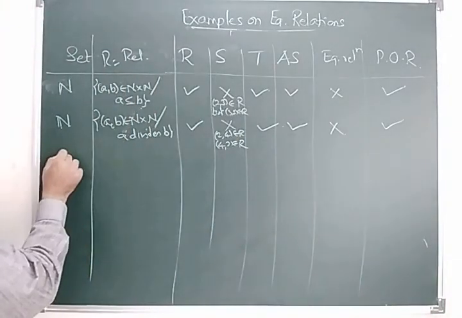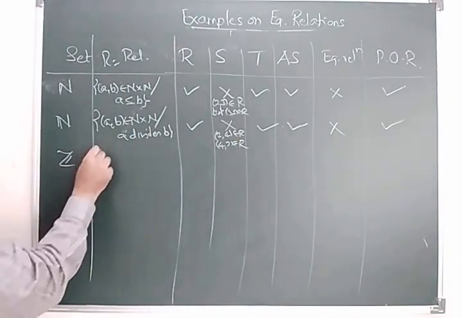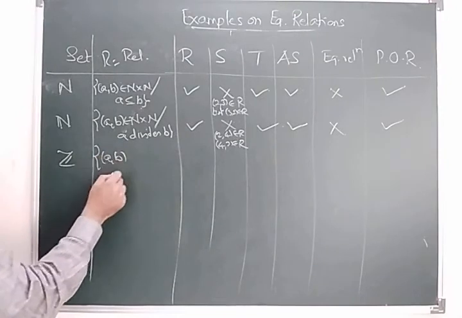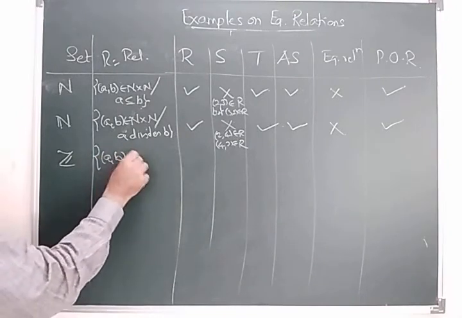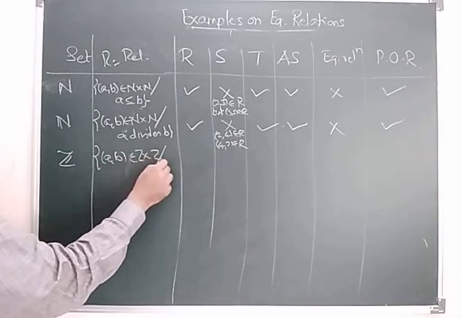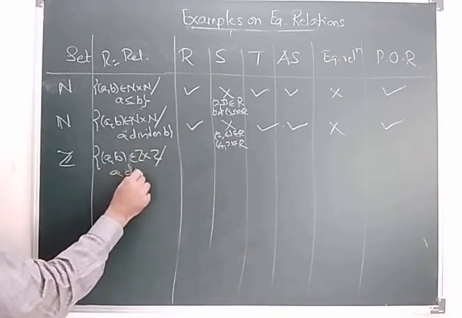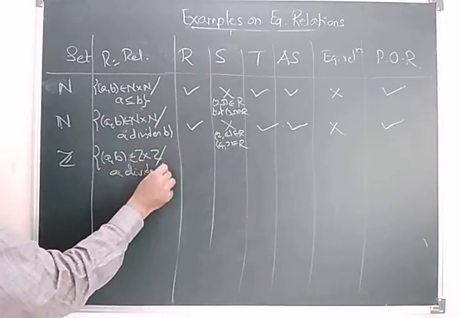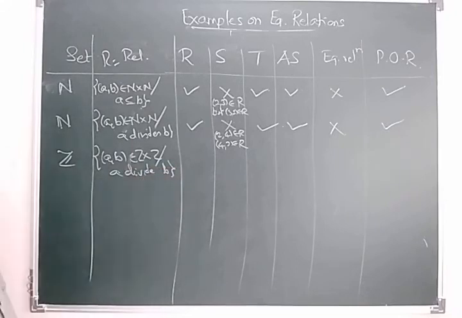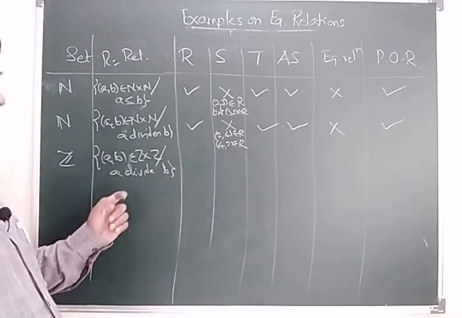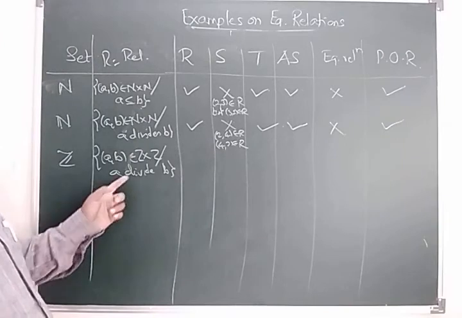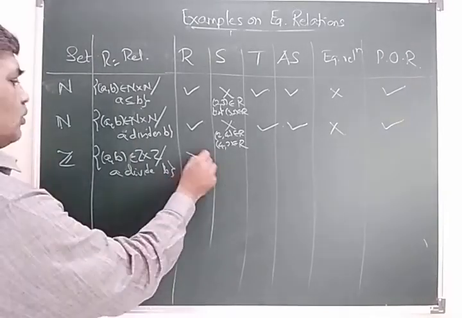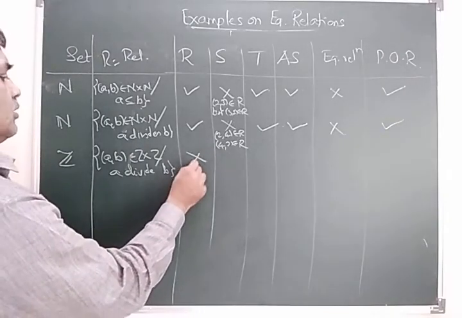If I take again Z, the set of (a, b) belonging to Z cross Z such that a divides b. Is it reflexive? No, 0 doesn't divide 0.